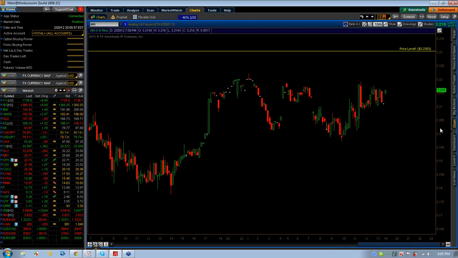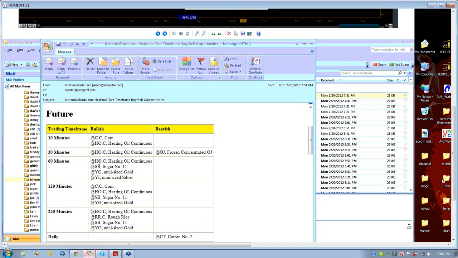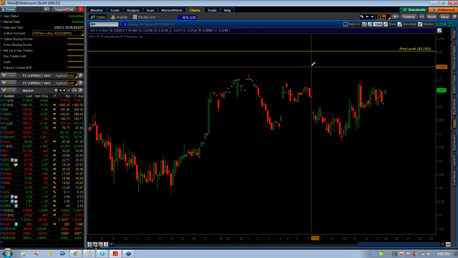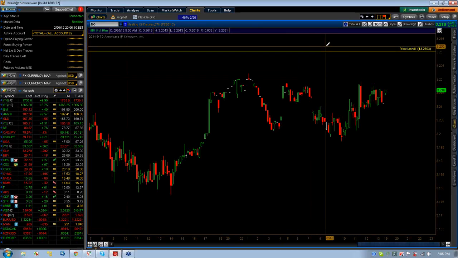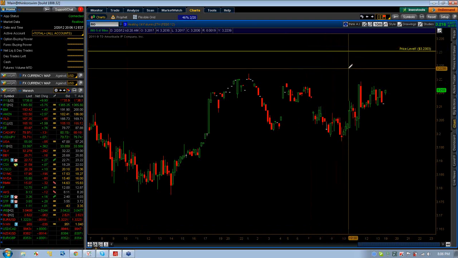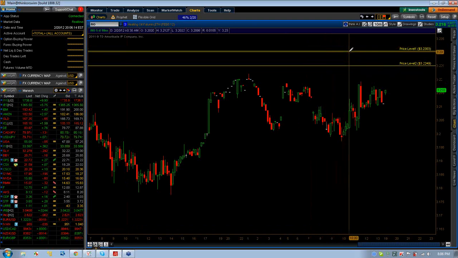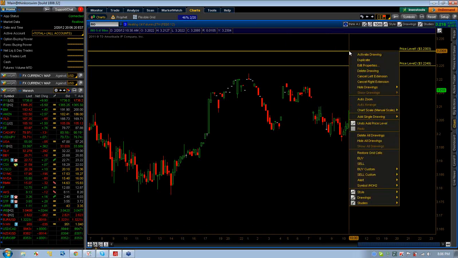There's a 10. You guys see that? This is a multiple time frame buy opportunity across the board on a 10, 30, 60, 120, 240. All it has to do is get to that level right there and go. You could start this on a 10-minute, so you could keep your entry down to there if you like. Everyone see that? Yes? Maybe? No?